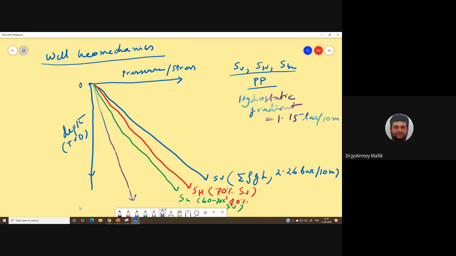But this depends on the salinity of the brine, a function of salinity of brine. For fresh water, it can be around 1 bar per 10 meter, and for saline water, it can be all the way up to 1.19 bars per 10 meters. Okay, so this is the normal hydrostatic gradient.